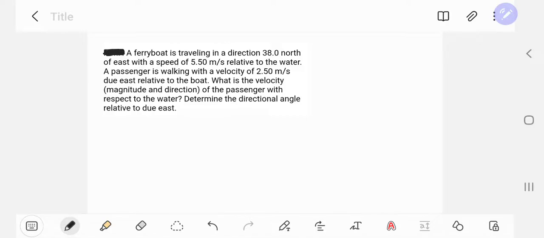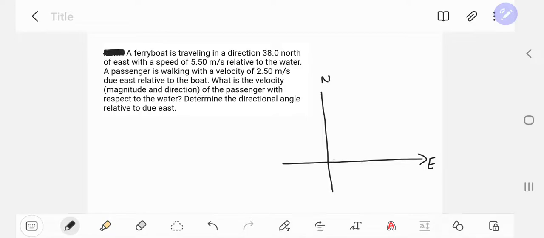So the ferry boat is traveling in a direction 38-degree north of east. So for that, let's draw the direction of the east, so this will be east, this will be north. Okay, and the boat is traveling in a direction 38-degree north of east.